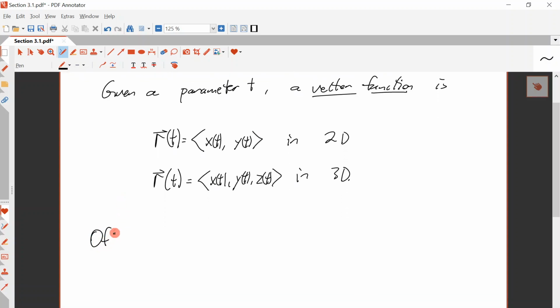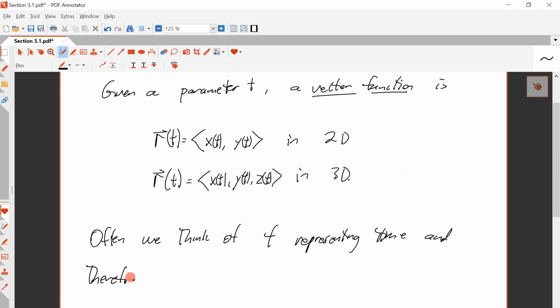So often we think of t representing time, and therefore r of t is the position vector of a point at time t.